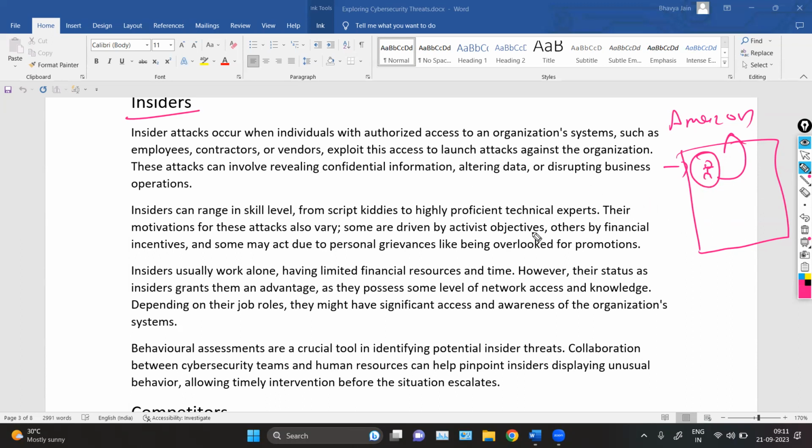There's also a benefit of insider attacks, because now this one is an insider. Insider means part of the company, right? Now he or she has access to the company data.